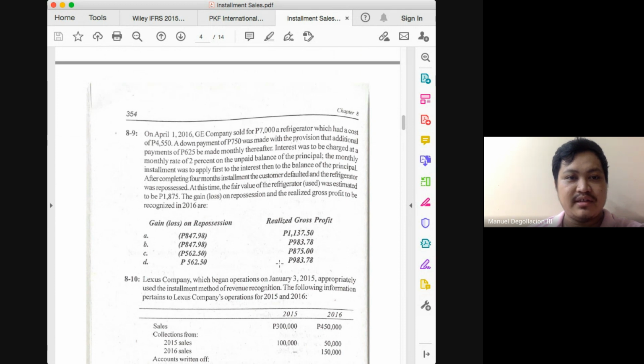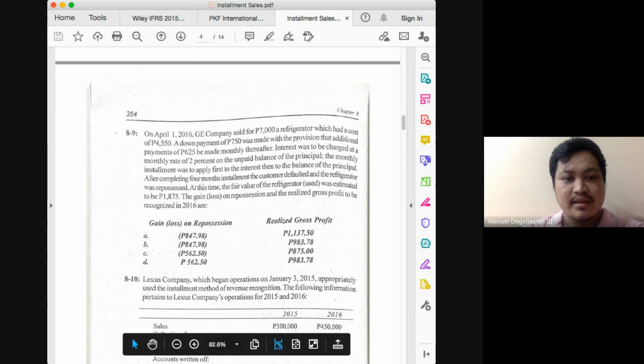Considering that the monthly payment is fixed, but the interest income is diminishing because it's based on the outstanding balance, and considering there are 4 months of payment, you will have to prepare a table to get the total collections.